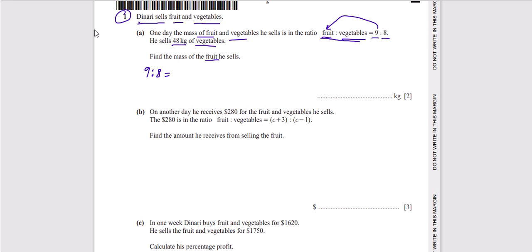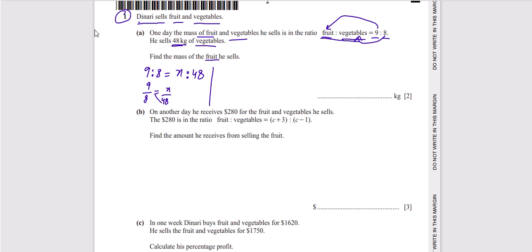Let the mass of fruit be x. The second one, 8, is vegetables, and the given mass of vegetables is 48 kg. So the ratio should be written as a fraction: 8/9 is equal to x over 48. Now we have to find the value of x.